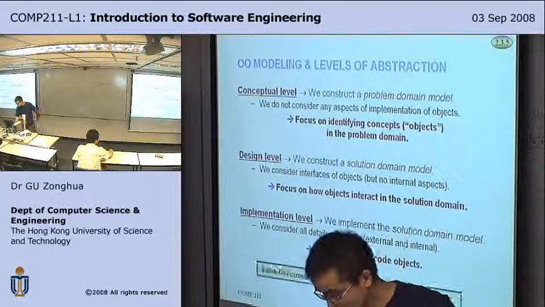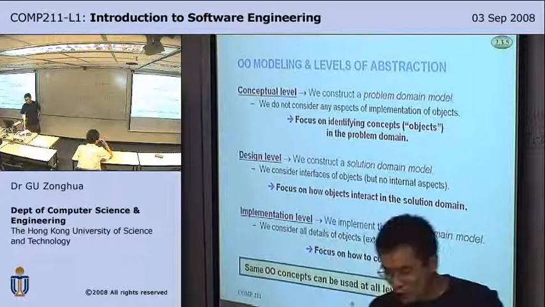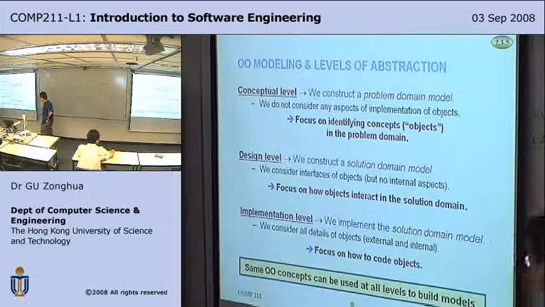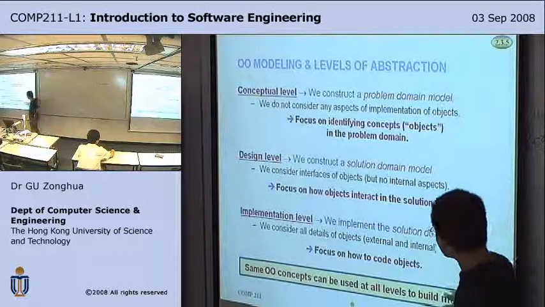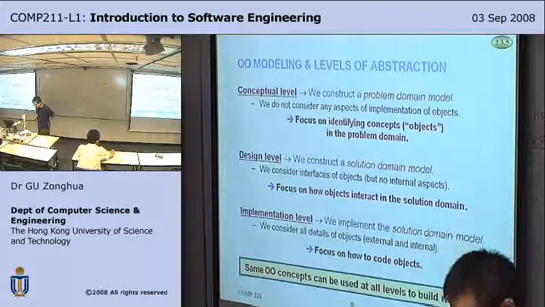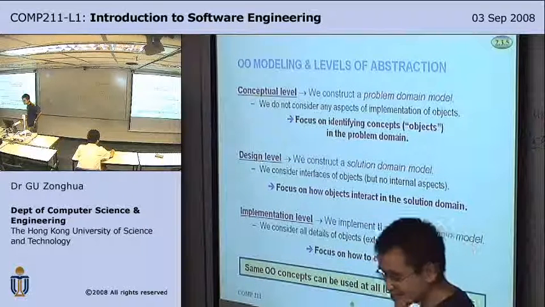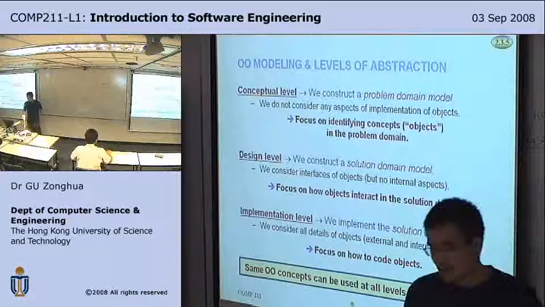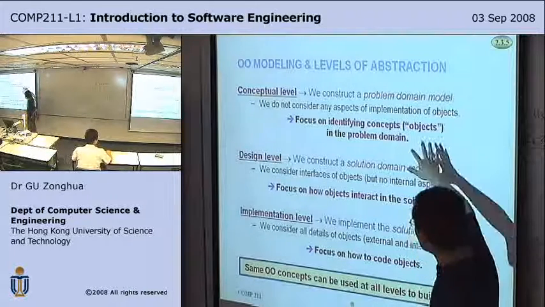So the same old concepts can be used at all levels to build models. That is, for the course registration system, the same concept persists throughout the entire process.